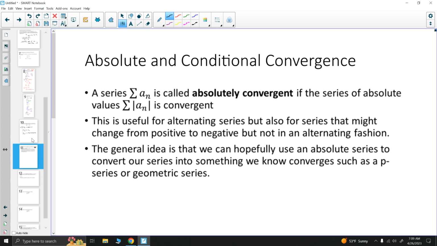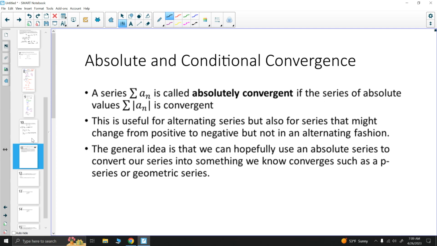One of the weird things about conditional convergence is that it breaks rules that we would expect. A series is a bunch of adding and subtracting. And technically speaking, if we're adding numbers together, the order doesn't matter.